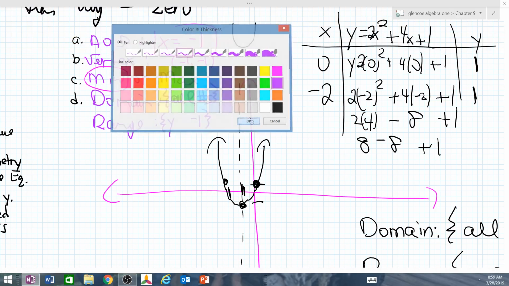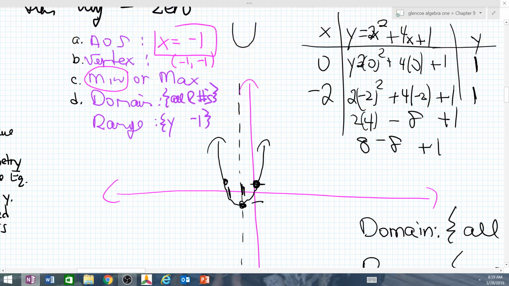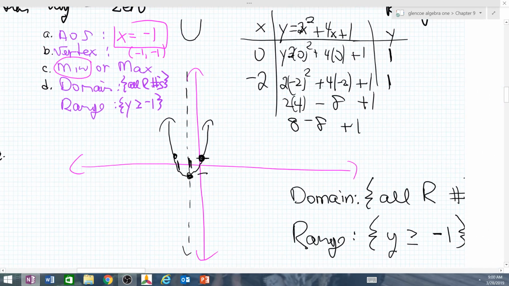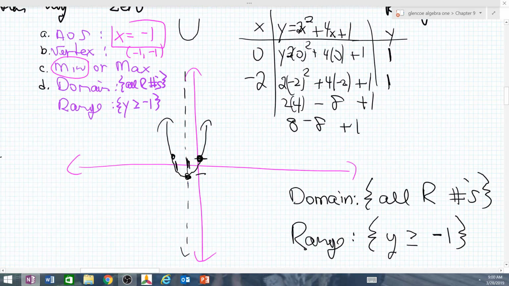My suggestion to you would just be this. If you learn what it is for when A is positive, then when A is negative, it's just the opposite. It's as simple as that. So we go ahead and we graph. We draw the dotted line at the axis of symmetry, which is x equals -1. And we go ahead and we plot our vertex.